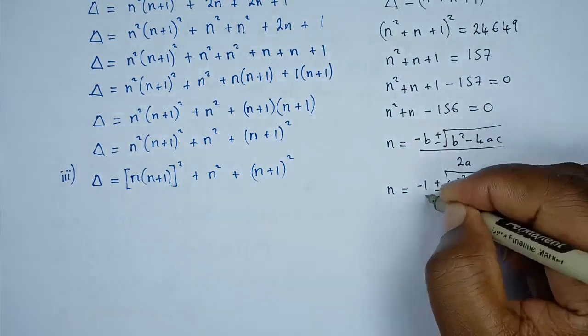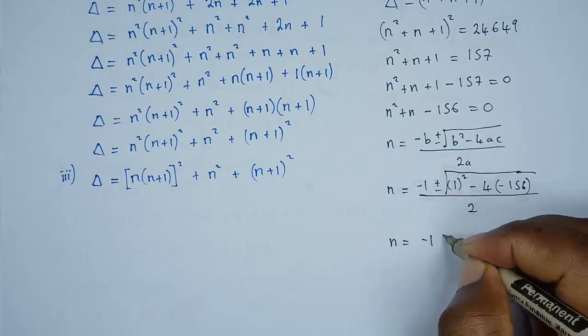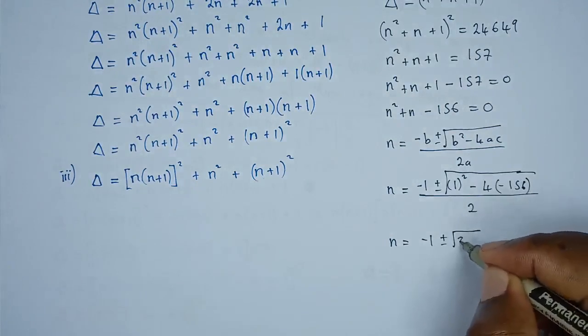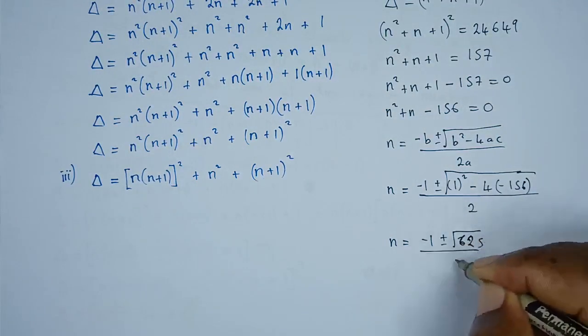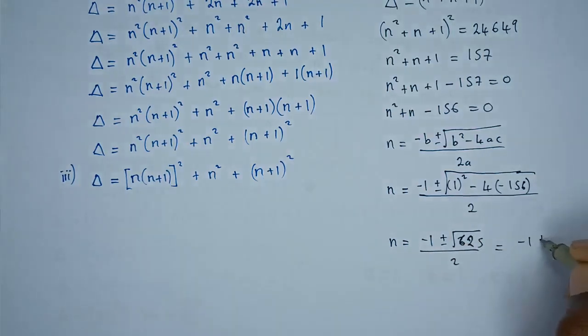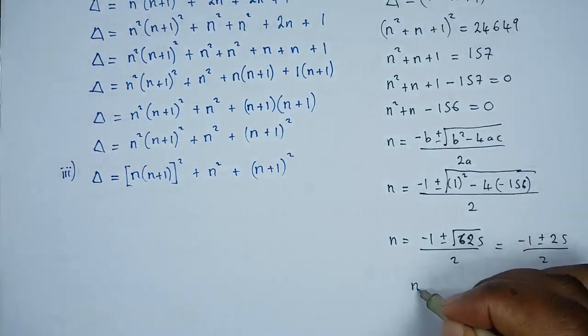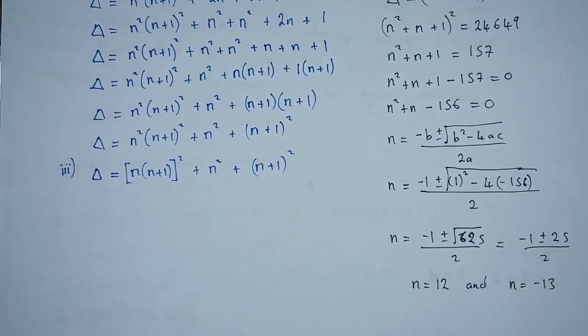Everything is over 2a, so it's just over 2. So n is equal to negative 1 plus or minus the square root of 625, over 2, which is negative 1 plus or minus 25 over 2. If we compute that, the value of n will be 12, and the other value of n is negative 13. There's no need of getting both, we can just get one of them.